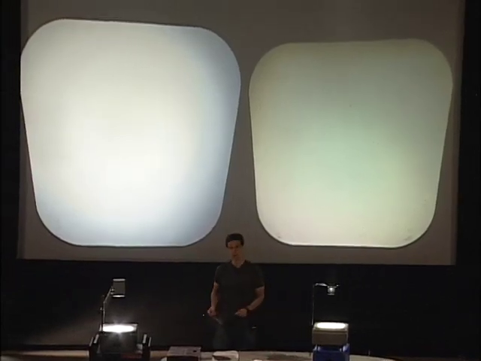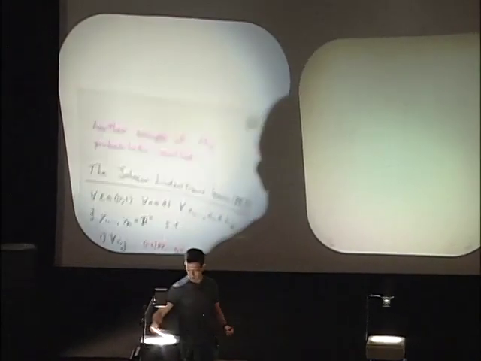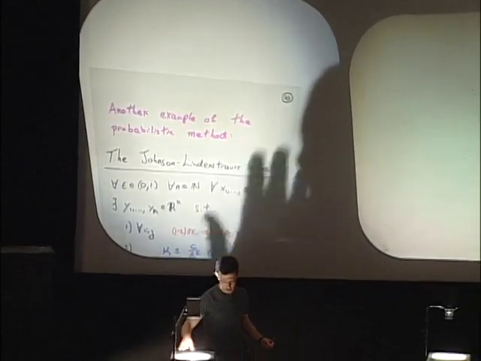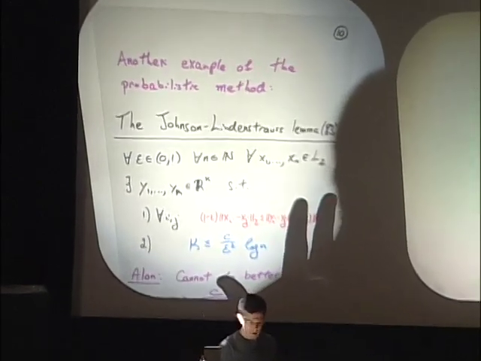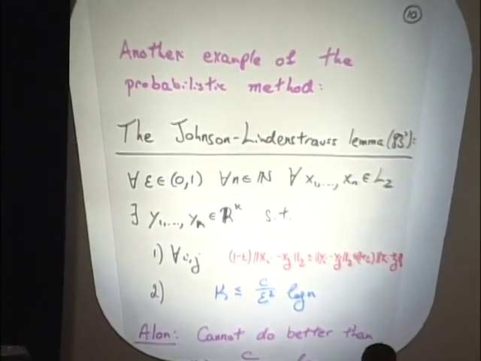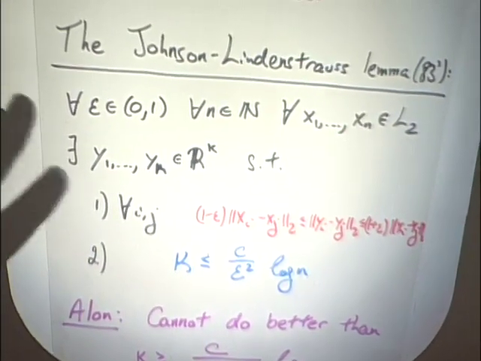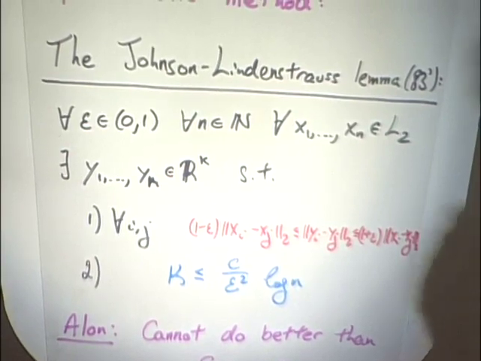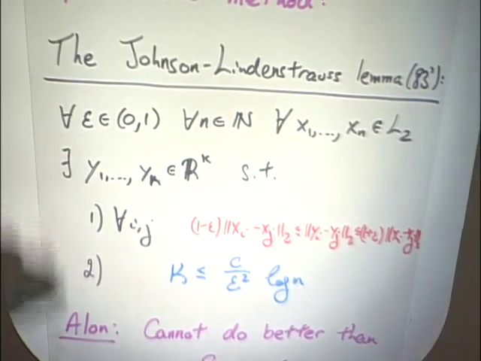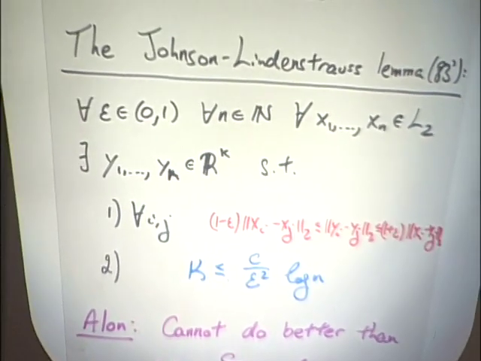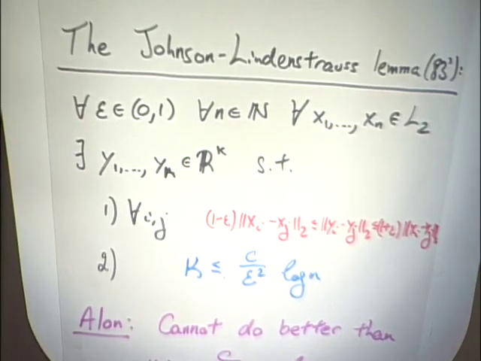I want to say very quickly another example of the probabilistic method. Just like the nonlinear Dvoretzky theorem, it has many applications in several directions. This is a very easy fact called the Johnson-Lindenstrauss lemma, but it is a very, very useful thing. What it says is that in Hilbert space, if you care only about distances, any n points are essentially in dimension log n.